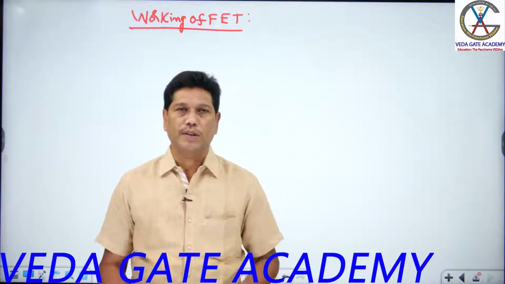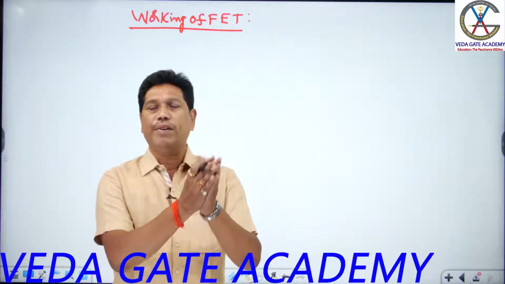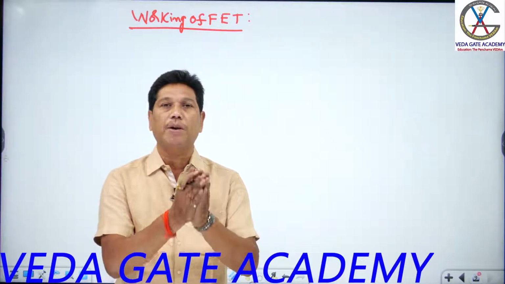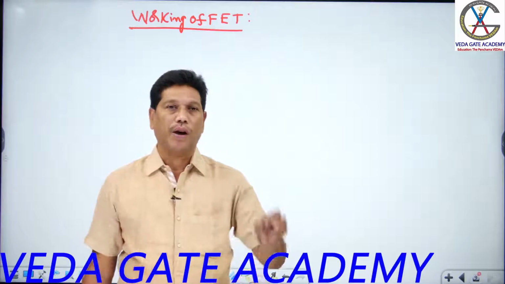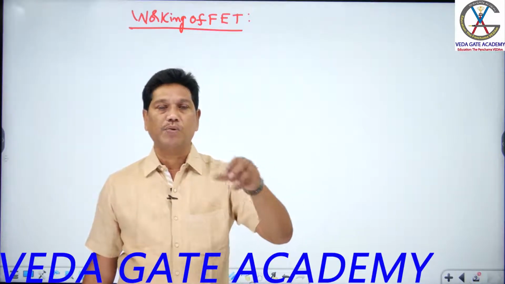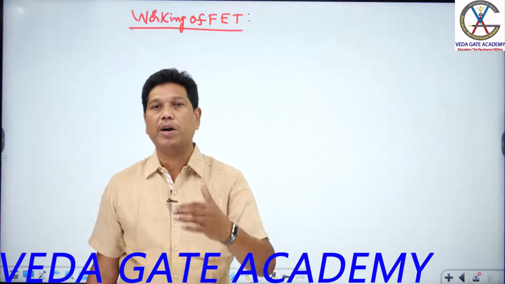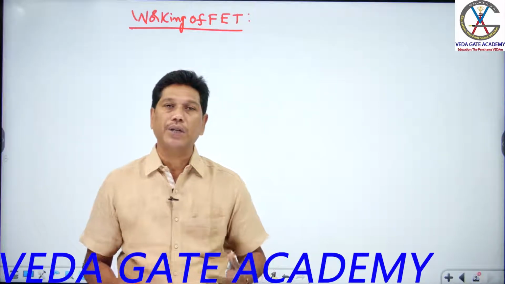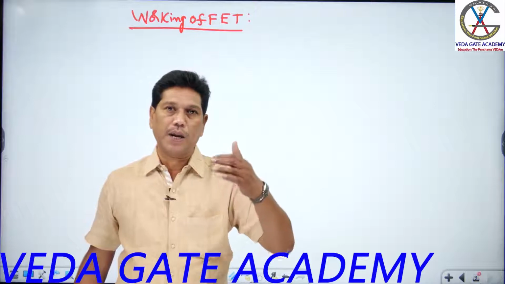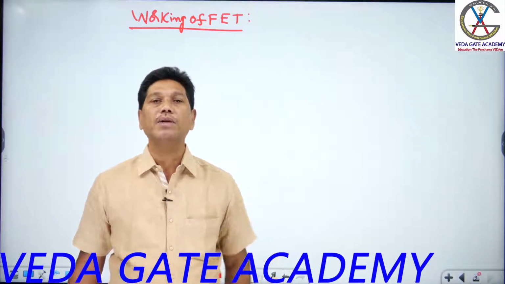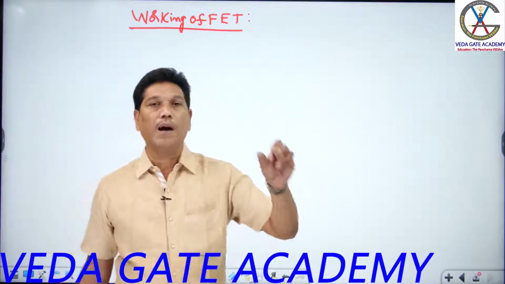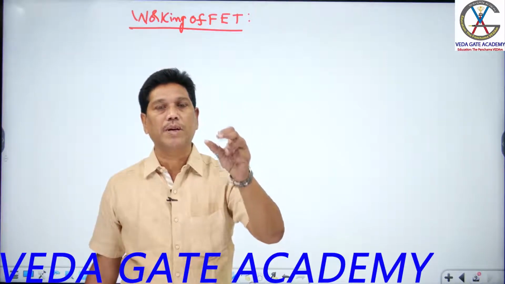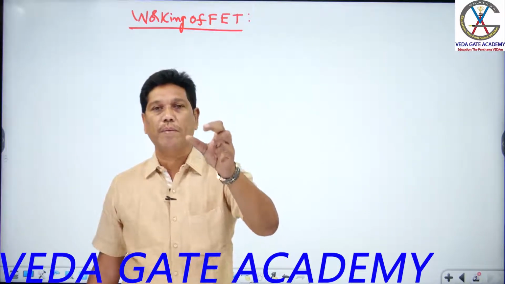But remember, students, FET as well as MOSFET mostly operate in common source mode. Being an amplifier, FET as well as MOSFET operate in what mode? Common source mode, students. So for amplifying condition, FET as well as MOSFET are commonly operated in common source mode. Remember, the common source mode of a FET is nothing but the same as the common emitter mode of a BJT.